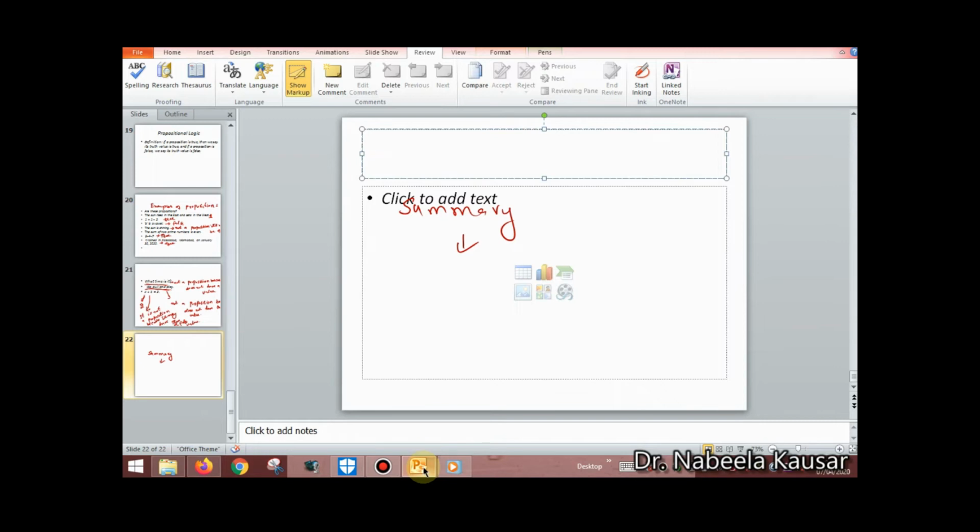Then we discussed that when a sentence doesn't have any truth value, then it is not a proposition. As in what is time? This sentence doesn't have any truth value, so this is not a proposition.